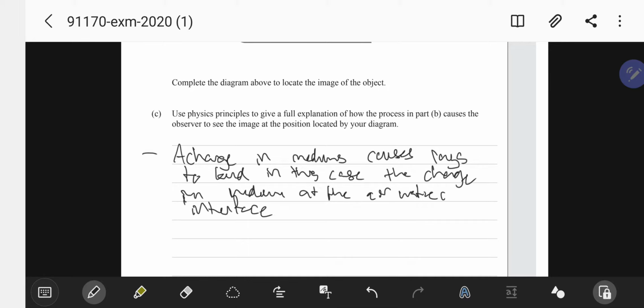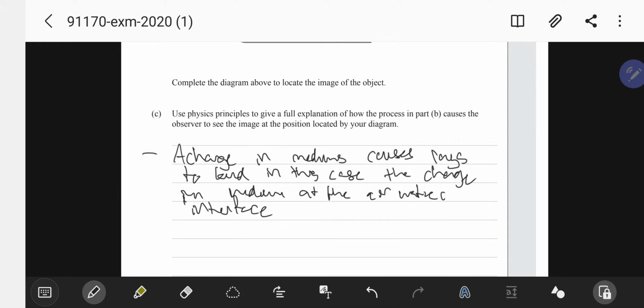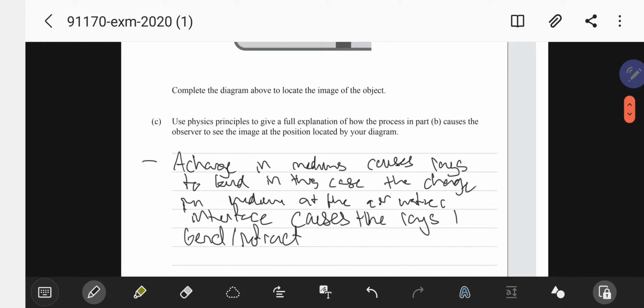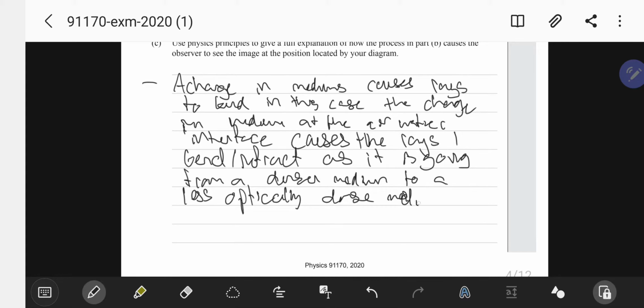interface. Sorry. At the air-water interface, the change in mediums causes the rays to bend or refract as it is going from a denser medium to a less optically dense medium.